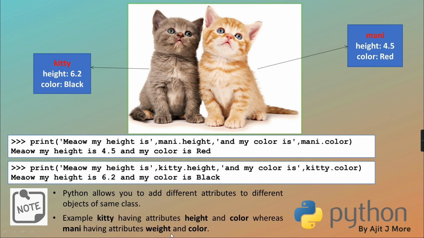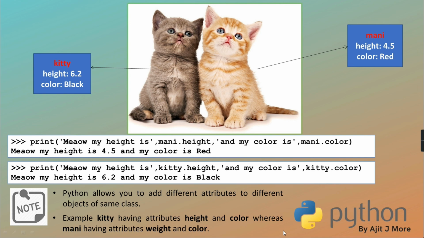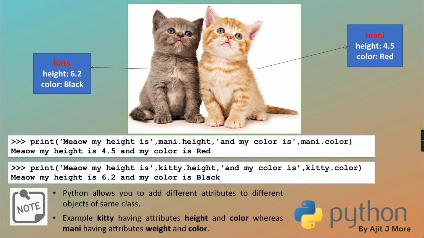One object has one set of properties, another object has a different set. 100% legal. Now next time we are going to discuss the demerits, or you can say the limitations, of this approach. Which approach? Creating an empty class, then creating objects, then later adding properties to them and then printing their data.